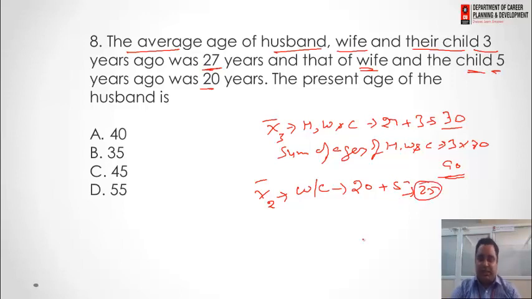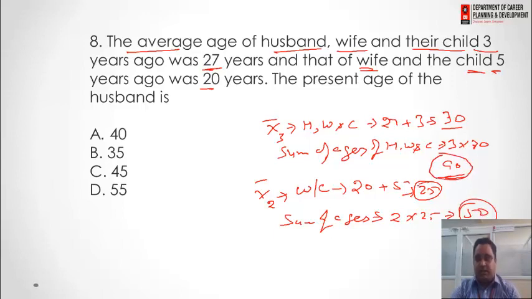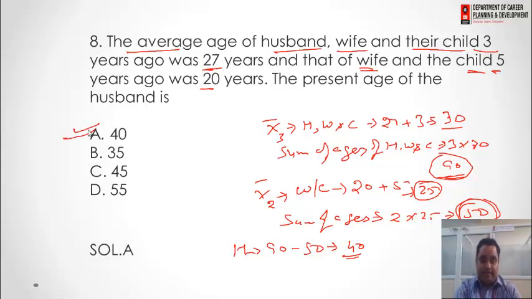If the current average age is 25, then the sum of their ages is 2 into 25, that is 50 years. If the sum of the ages of 3 members is 90 and the age of 2 persons is 50, we can say the age of the husband is 90 minus 50, that is 40. So this is the answer we have, option number A.